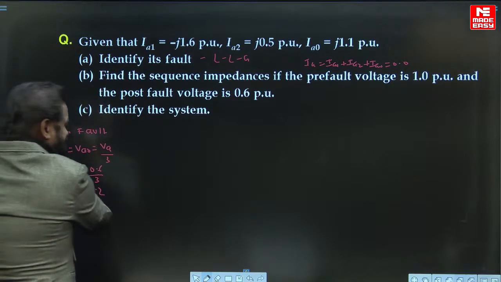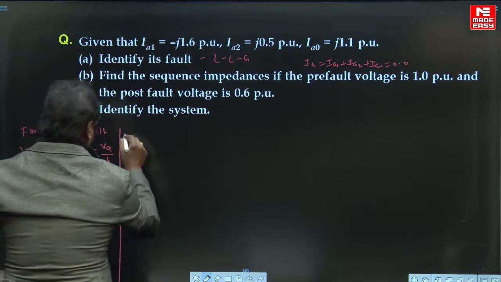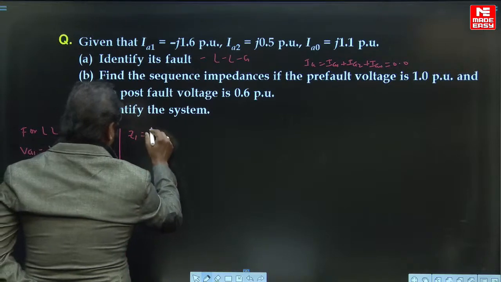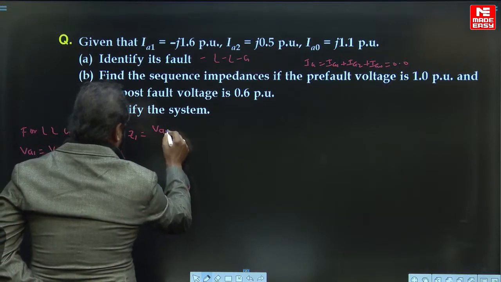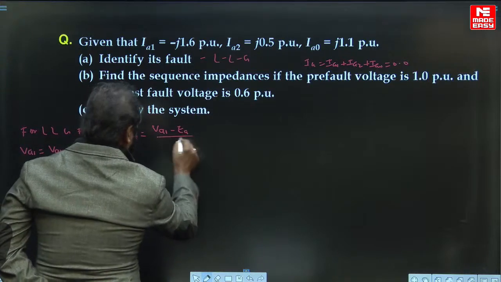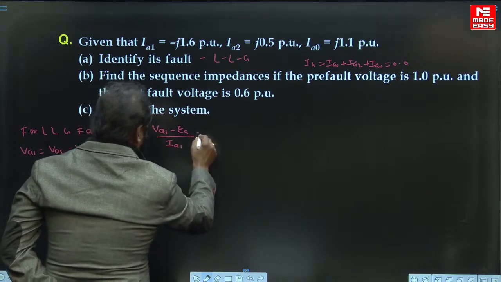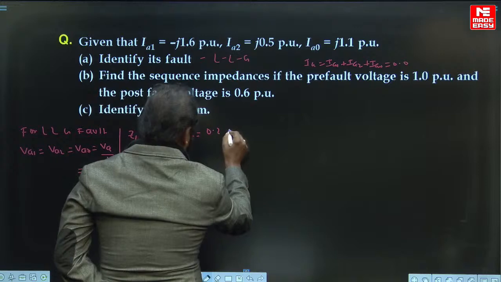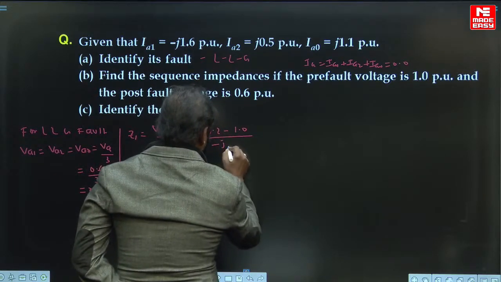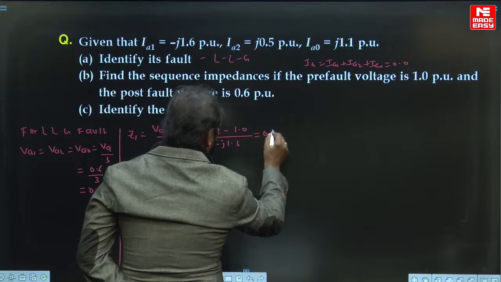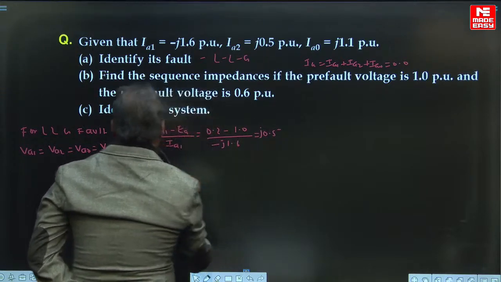Thereby I have to go for the calculation of the impedances. Z1 equals VA1 minus EA divided by IA1, so that is 0.2 minus 1.0 divided by minus J1.6, which equals J.5.